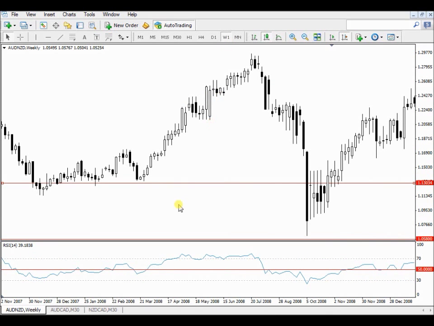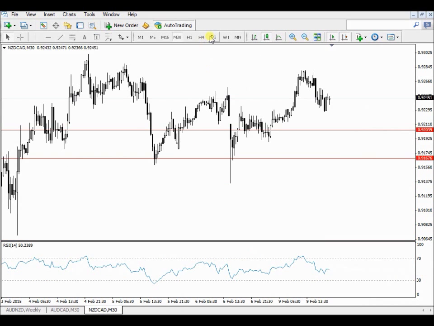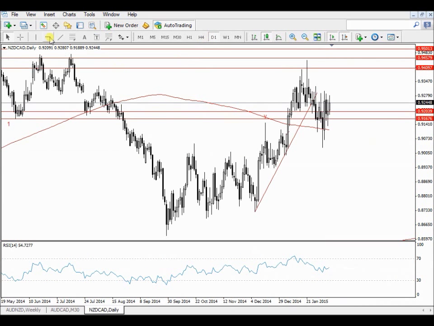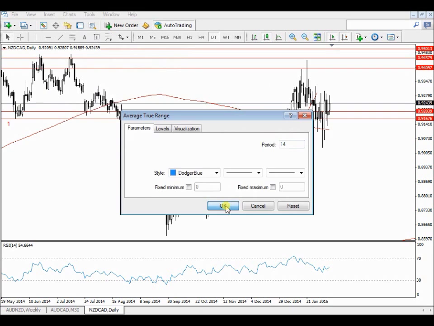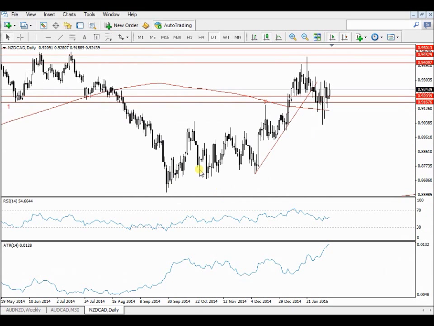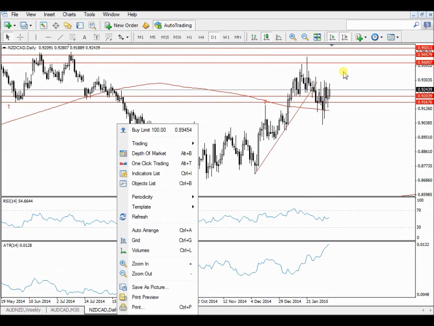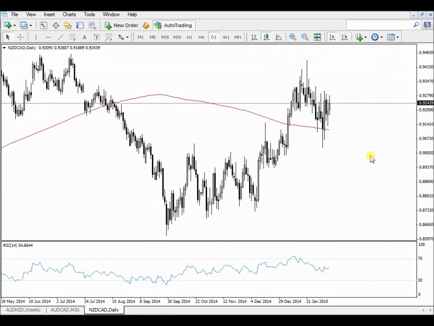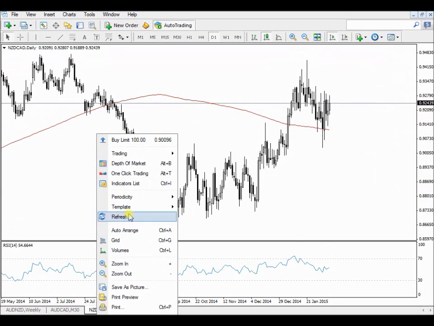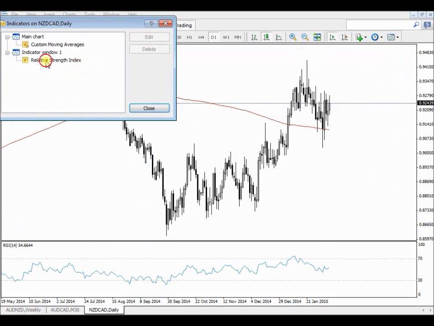Must I tell you something about stop placements? A nice indicator to use is the average true range, and you always use it on the daily. Let's delete this other stuff. Let's delete the RSI.